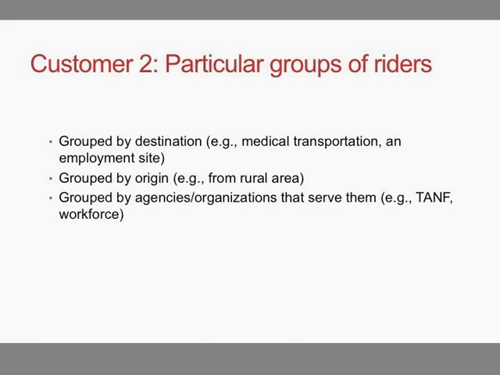Another grouping for individuals is by the agency that serves them. For example, you may hear from TANF, Temporary Assistance for Needy Families agencies, that more low-cost options are needed for their clients. Or perhaps a new manufacturing or medical facility is opening up, and the focus needs to be on moving large numbers of workers to that site.